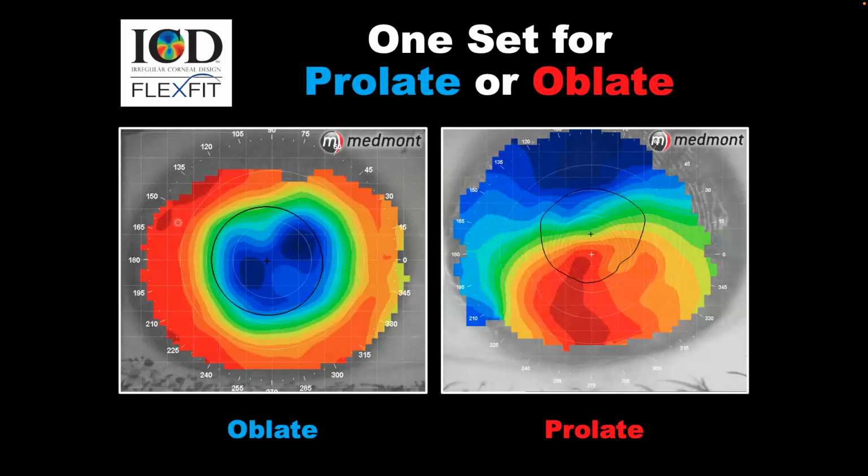If you want to go to an oblate design, what you may need to do is raise a little bit the peripheral zone and drop down the base curve. Or you can lower the peripheral curve, and that will drop down the center zone. So you can do an oblate design just like that.